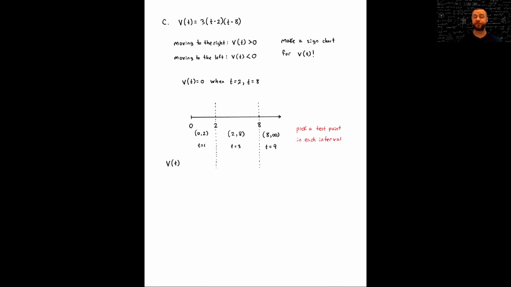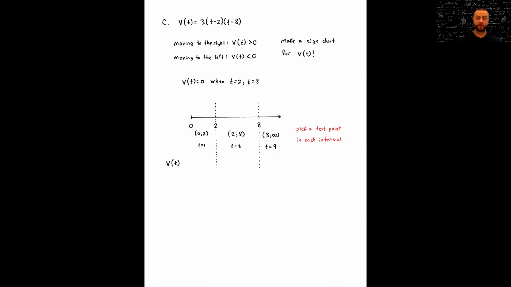That'll tell us when the object's traveling to the right or left. We're going to pick a test point, just any value for time within those 3 intervals, and then plug them into the velocity. That will tell us at each of those test points, and correspondingly on those intervals, if the velocity is positive or negative.